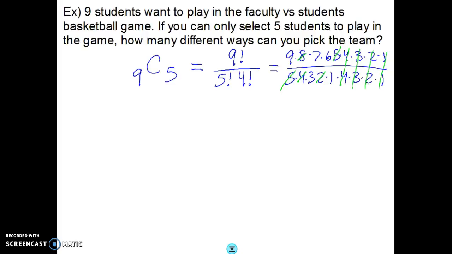If you do that math out really quickly, you end up with 378 on the top over just 3 on the bottom, which comes out to 126 possible ways to pick a 5-person team out of a group of 9 students.